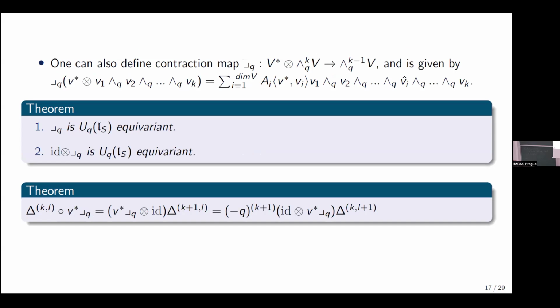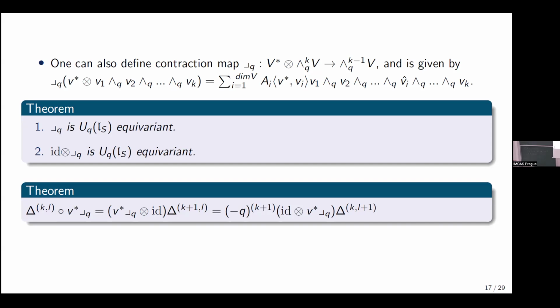Okay. So next we will talk about the contraction map. So this is the same idea, so I will not repeat again. Why do we need this contraction map here? Because of the last theorem I mentioned. But before that, I should also mention that this is UQL equivariant, which we already have seen in the context of the nil radicals, and this is for any UQL modules.